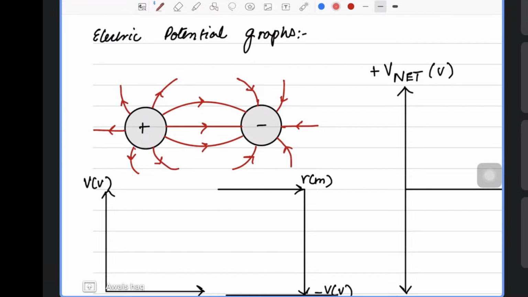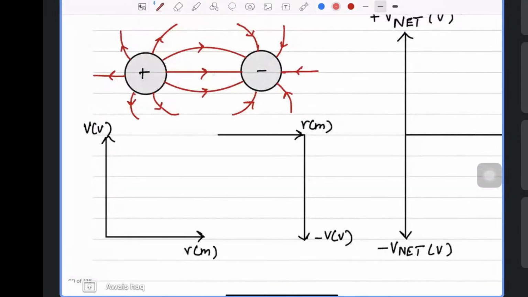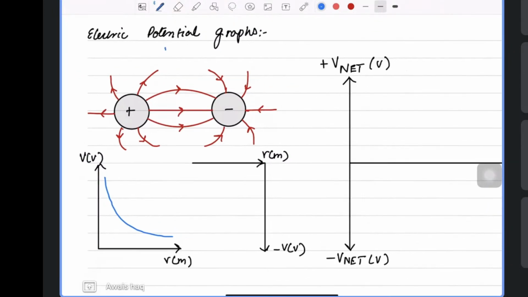So first we're going to draw potential graphs, and for the first one I should remember that if I'm going this way, like towards the right, then the potential is going to decrease like this. How do I know it is going to decrease like this? Because potential is proportional to 1 upon r.